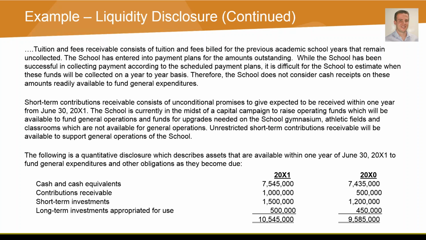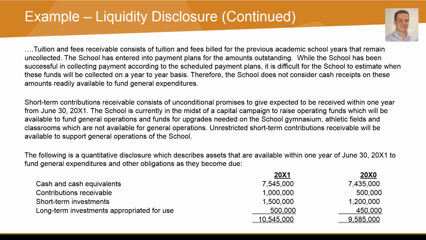So when you go on to present the quantitative disclosure at the bottom, you would factor those types of items in. Your contributions receivable, you're not going to show your entire amount. You're going to show basically your unrestricted amount, those that are going to be able to support general operations of the school. So again, here's the example of a quantitative disclosure showing the cash that the school has, those contributions receivable that could be used for operations, those short-term investments that could be readily available for operations.